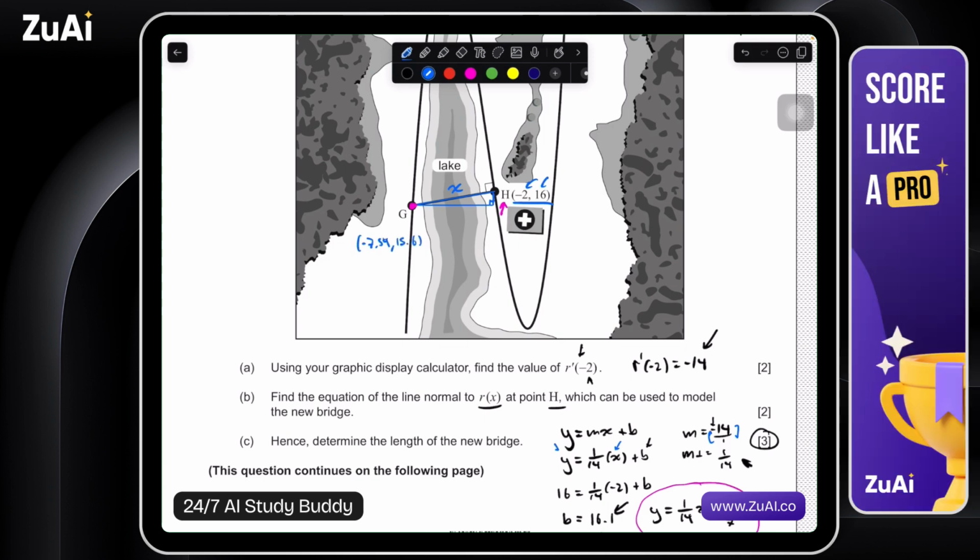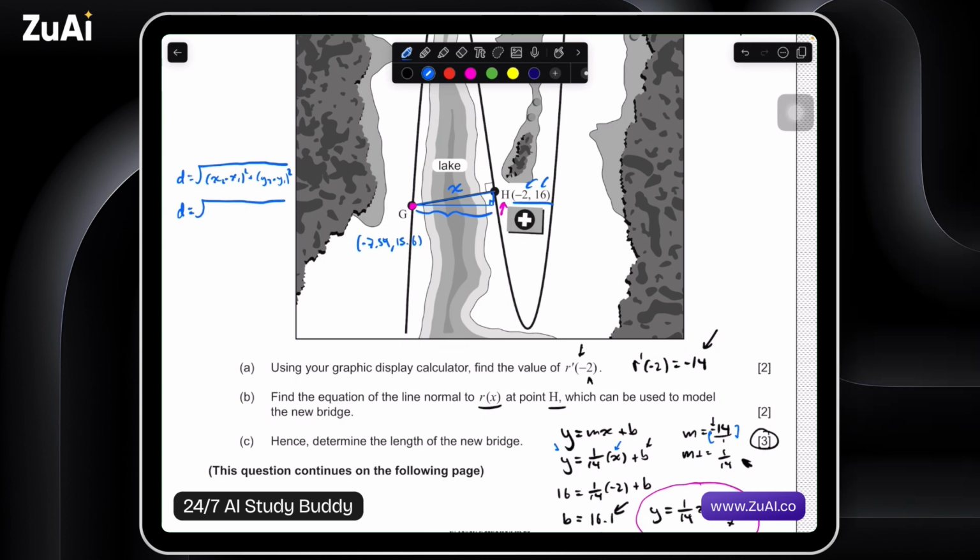Okay, good. Now let's just find the distance. So let's write the distance formula out. Distance is equal to the square root, this is given to you in your formula booklet, of x2 minus x1 squared plus y2 minus y1 squared. This is us just drawing out the Pythagorean theorem.